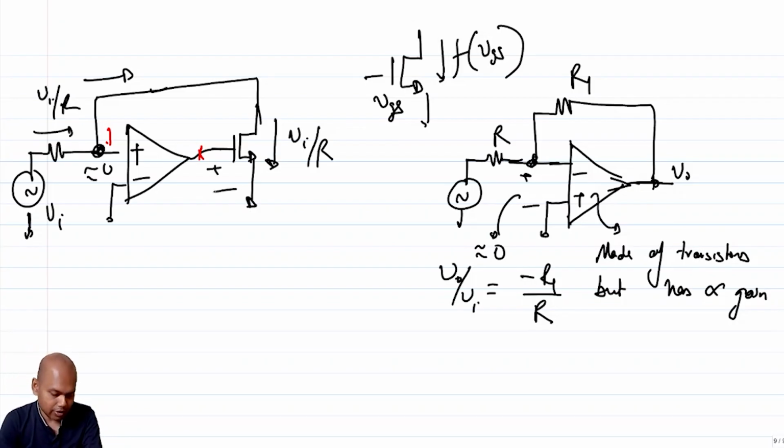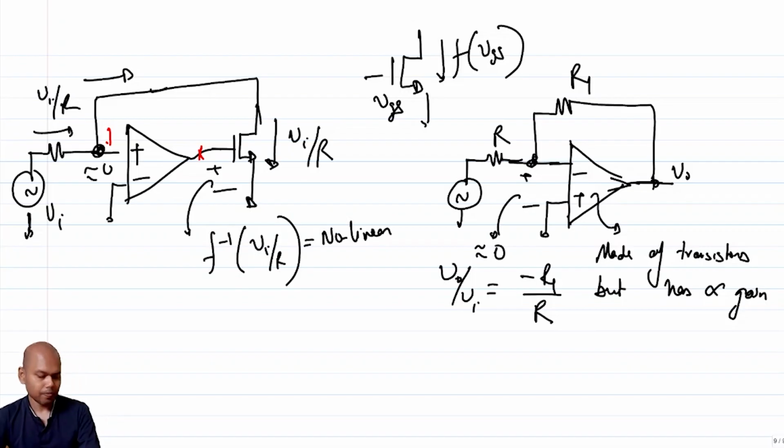Clearly this will be F inverse of Vi over R, and this will be nonlinear, right?